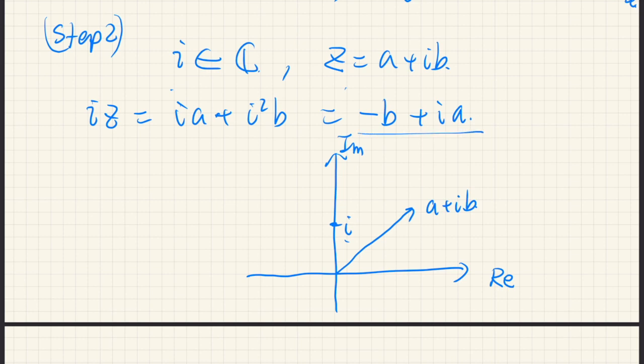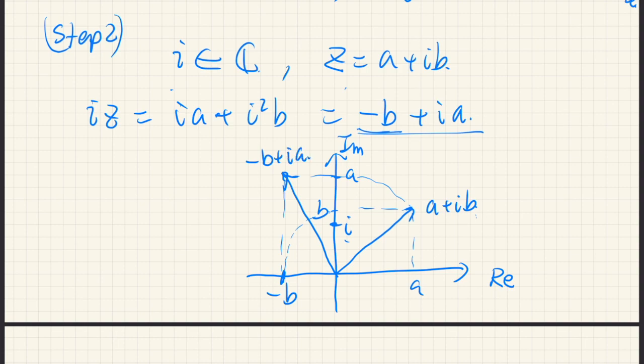If this is b and this is a, then the product's real part is -b. So if b is positive, then -b will be somewhere here, and a is somewhere here. So the result would be something like this. So this is -b plus ia.